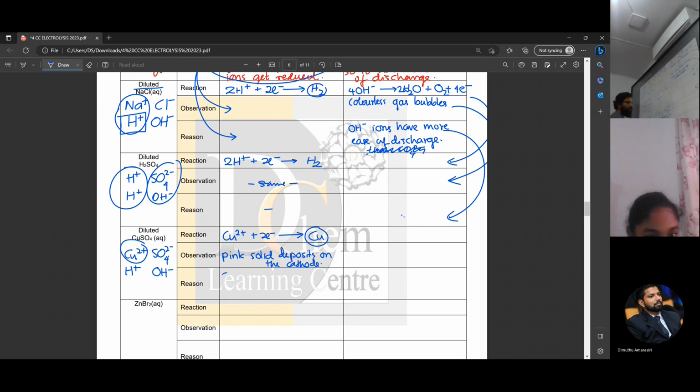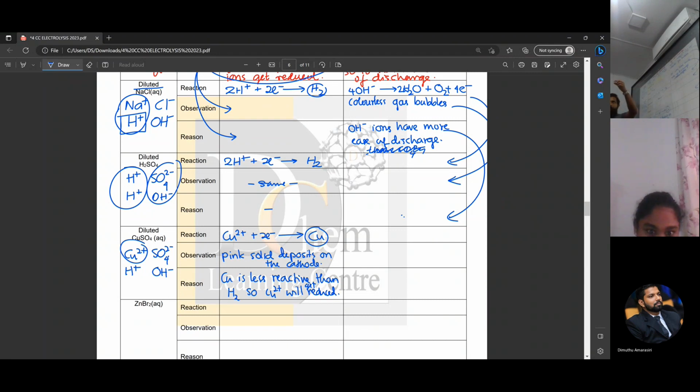For the reason, you have to say copper is less reactive than hydrogen. So copper 2 plus will get reduced. Pink, brown. Pure copper is pink.